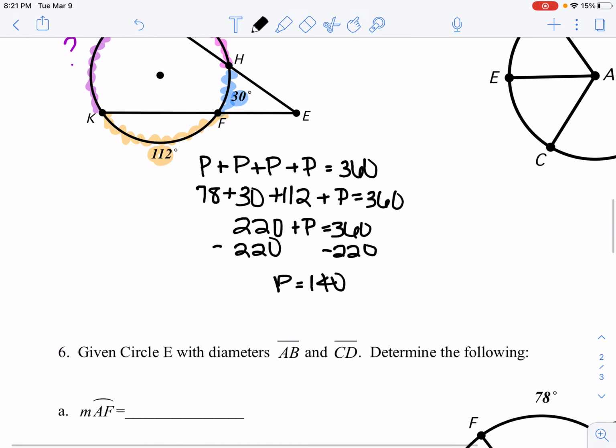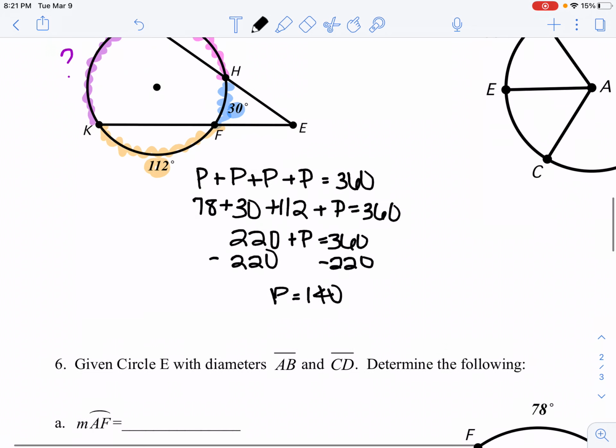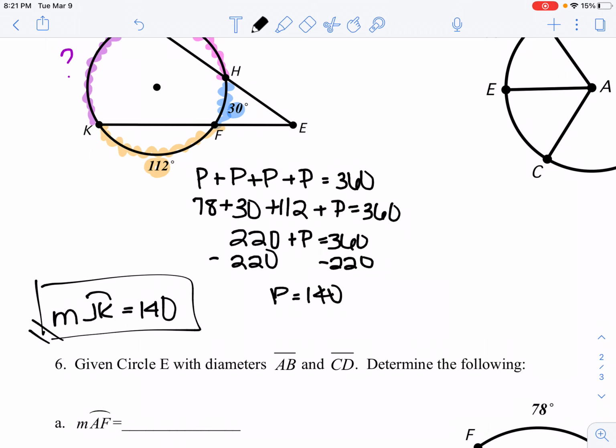So the measure of arc JK equals 140 degrees. That's your final answer.